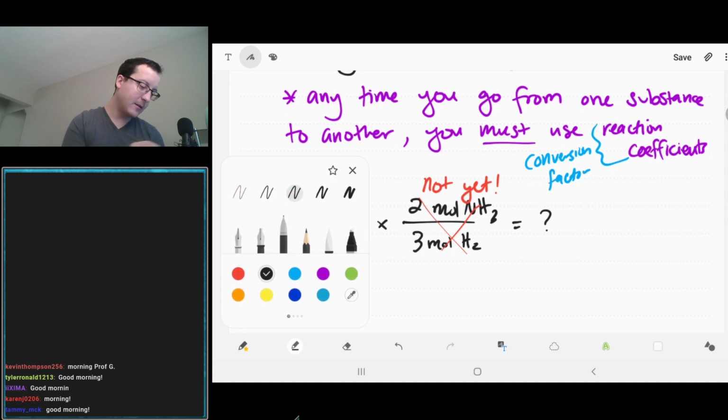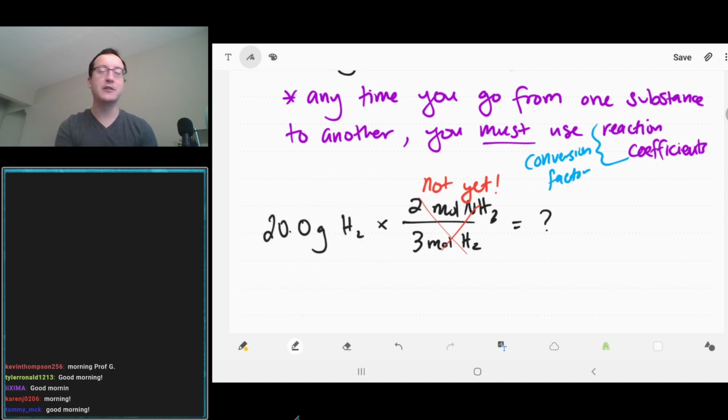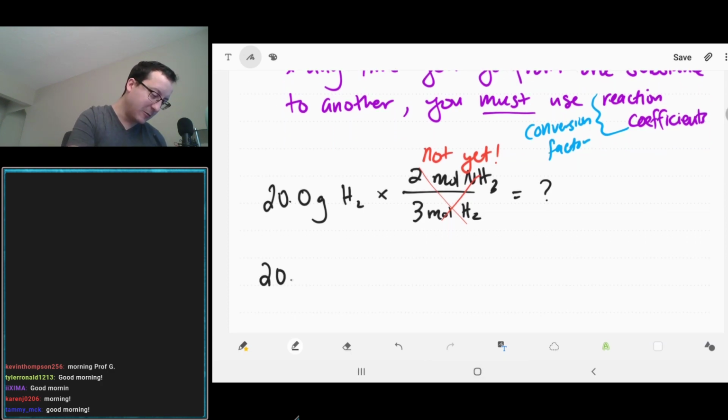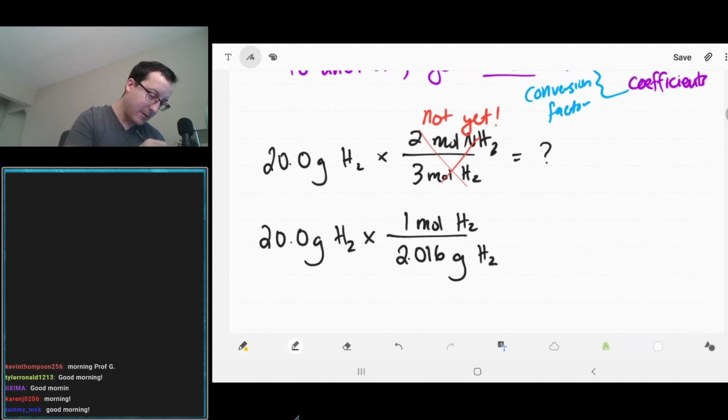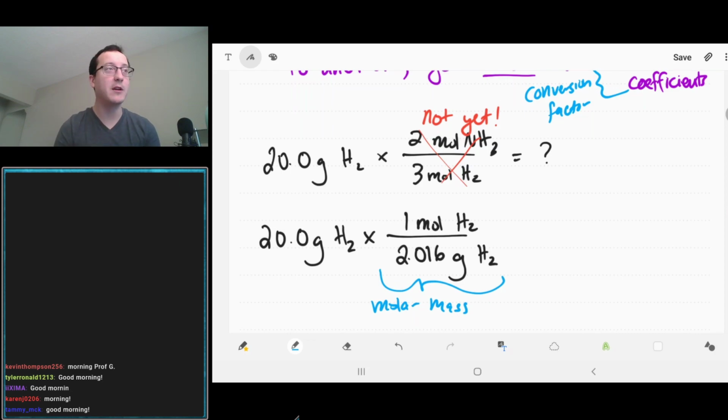In fact, we have another conversion factor that we talked about yesterday, which was how to go from grams of a substance into moles of a substance. And so what we're going to want to do is use our molar mass. So that's the molar mass: 2 times 1.008, right?